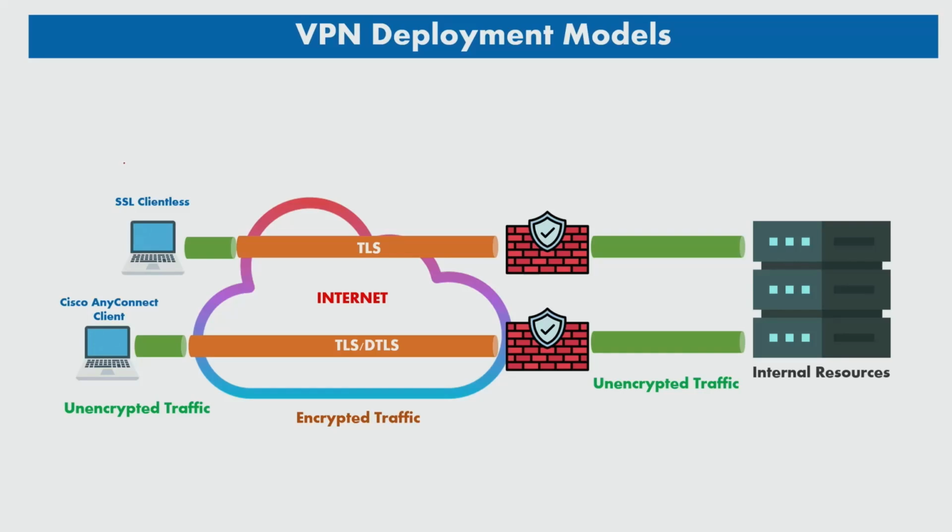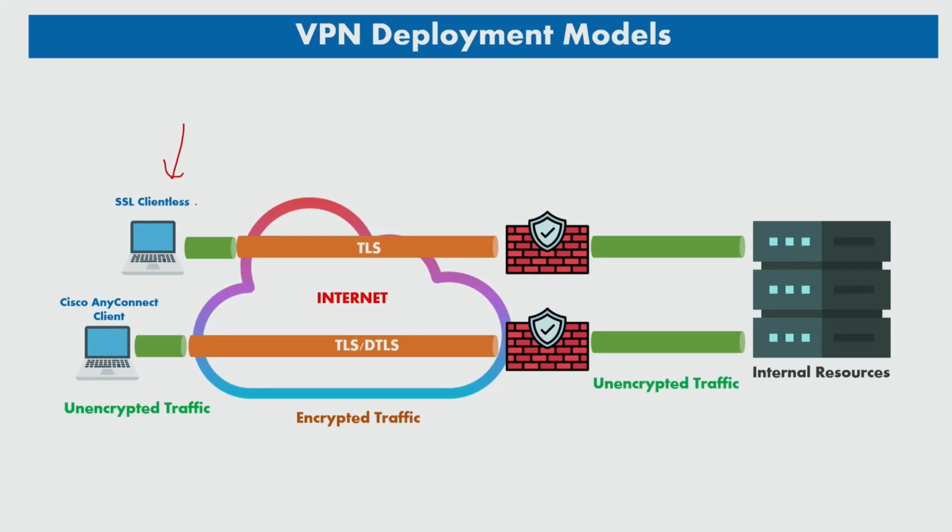So let's talk about clientless SSL VPN or a VPN client-based RA VPN. Clientless SSL VPN, or a VPN client such as the Cisco AnyConnect Secure Mobility Client, is commonly used by hosts in a remote access VPN.